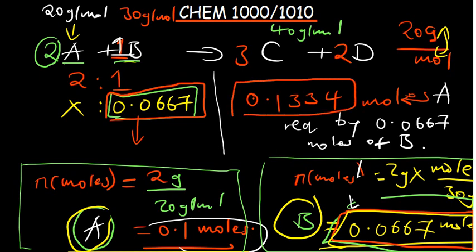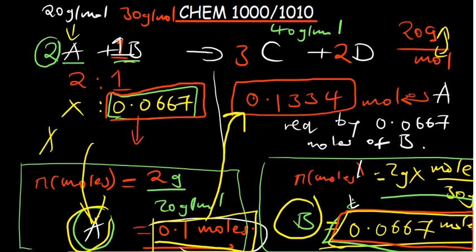Now what we have in the question is we only have 0.1 moles of A. So meaning that the number of moles that are required are basically more than what we have of A. Meaning that A was not enough. And we can say A is what? Limiting. Have we understood? Have we gotten that point there? That's okay?